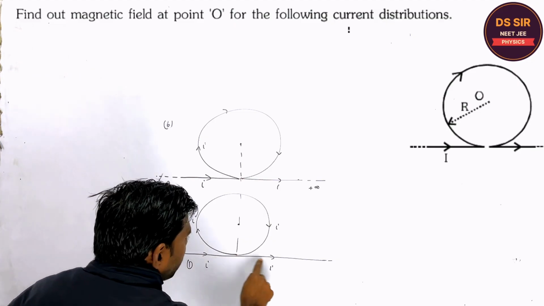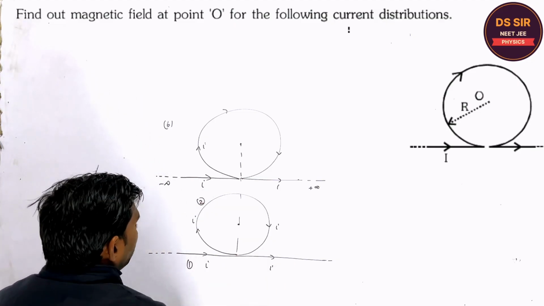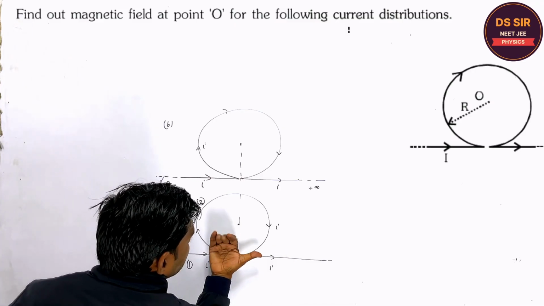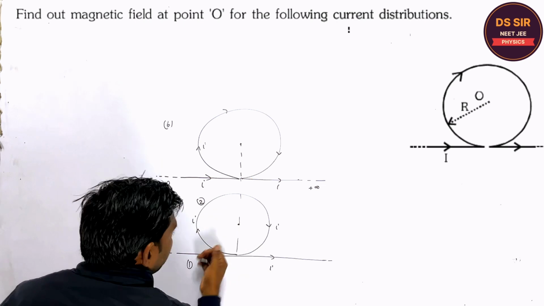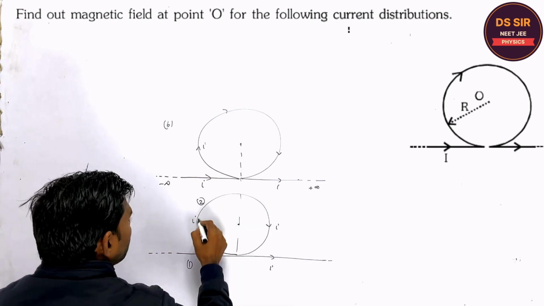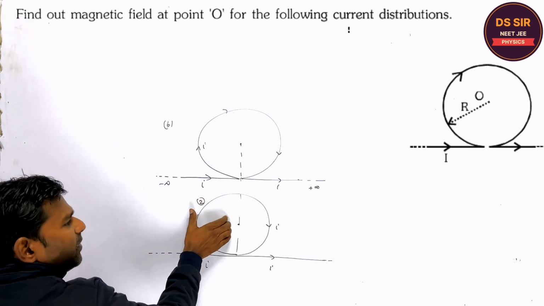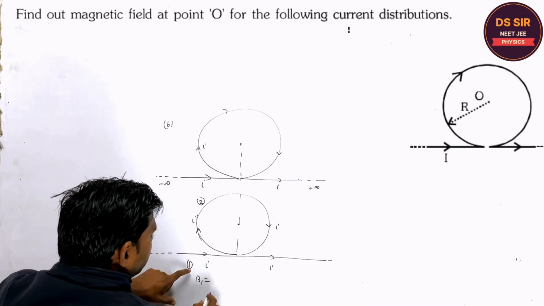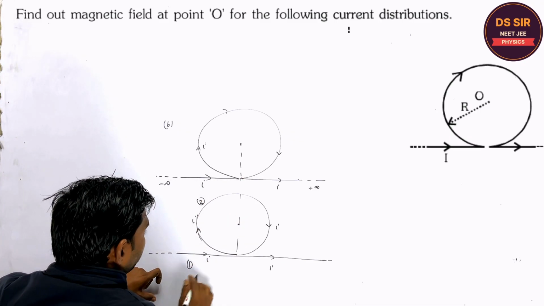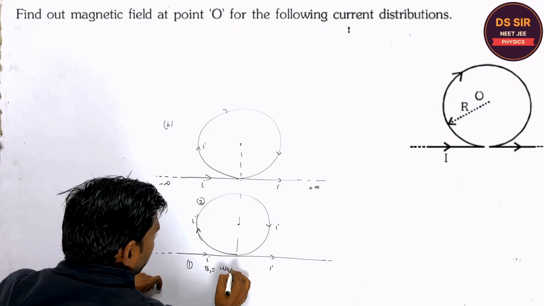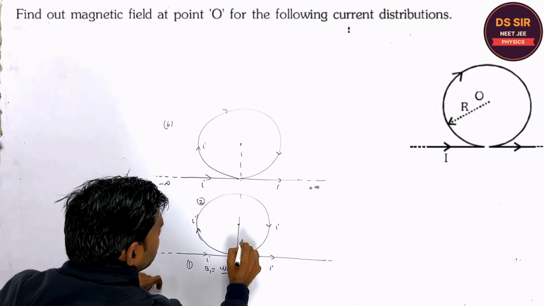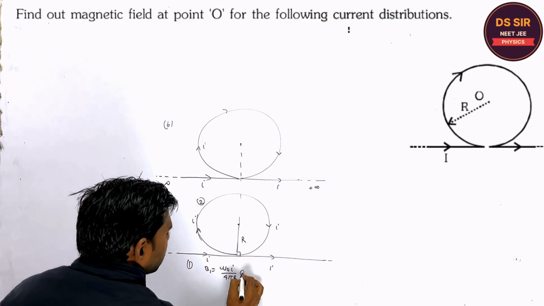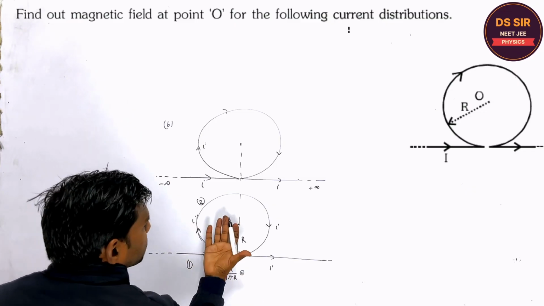Because of one part the magnetic field is out, and because of this circular loop, the second part, the magnetic field is inside. So B1 is mu naught I upon, tell me, what is the perpendicular distance? 4 pi R, right? It is out.